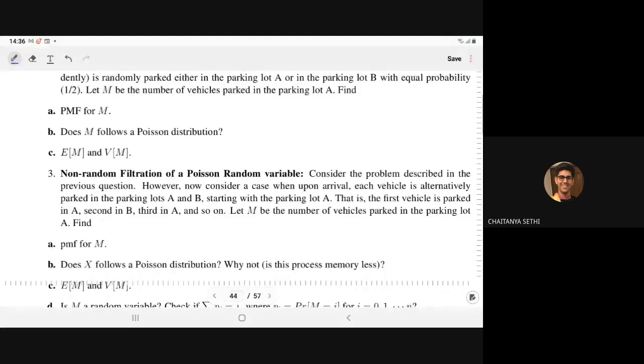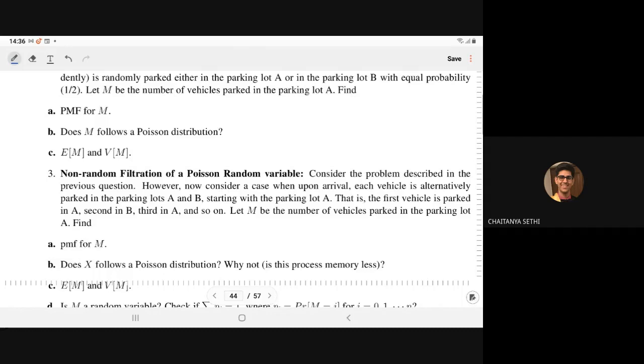However, now consider the case when upon arrival, each vehicle is alternately parked in parking lots A and B. In the previous question, the vehicles were parked randomly, but here it is non-random.